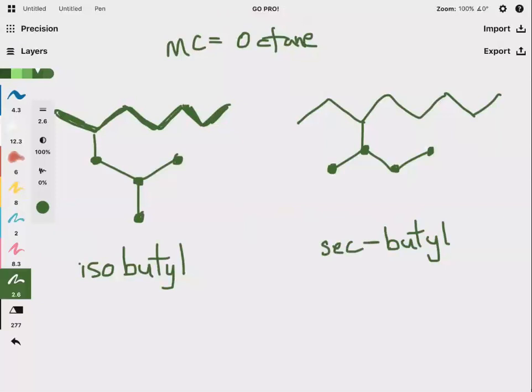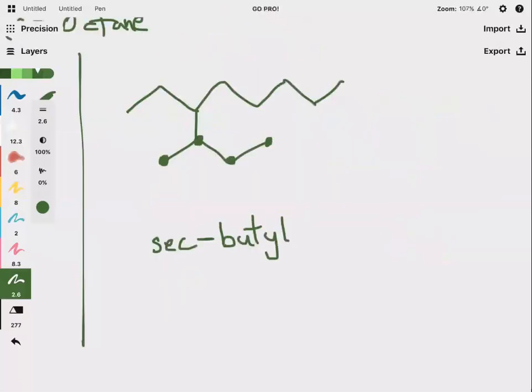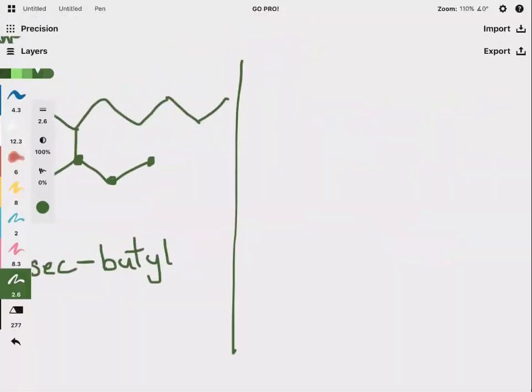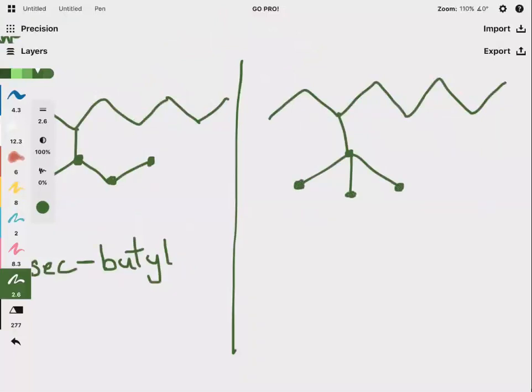And the 3rd one that we have to know, and this one is super important. So here's our parent chain. We'll draw an octane. 1, 2, 3, 4, 5, 6, 7, 8. And if the third carbon has a carbon with 3 methyl groups off of it, 3 other carbons, that's still a butyl, right?